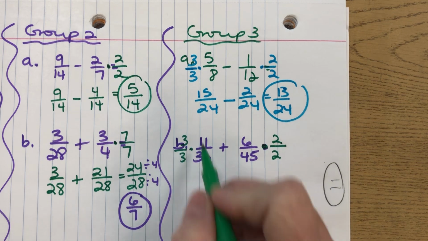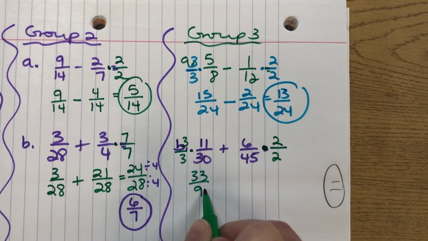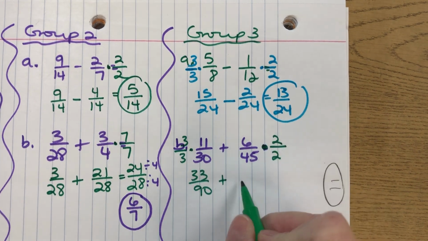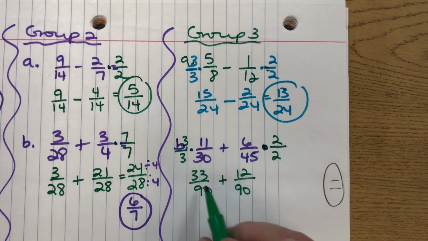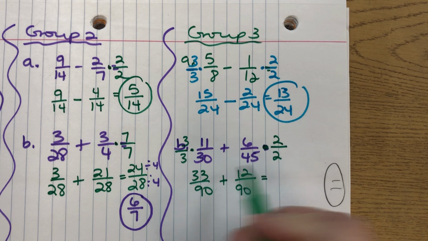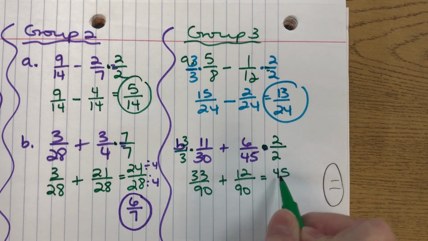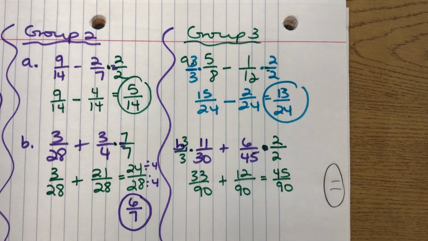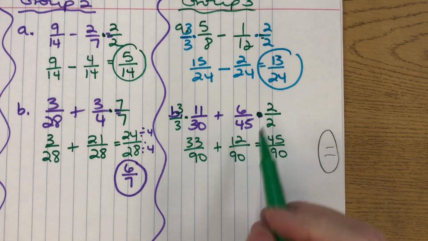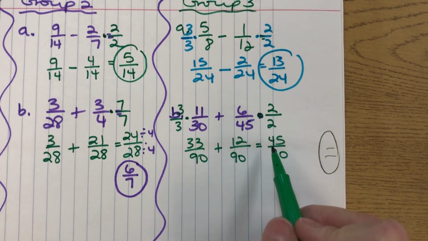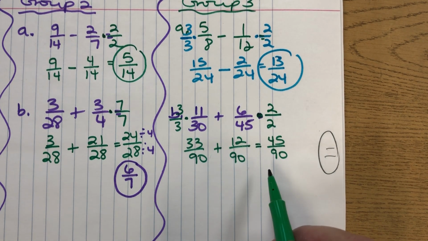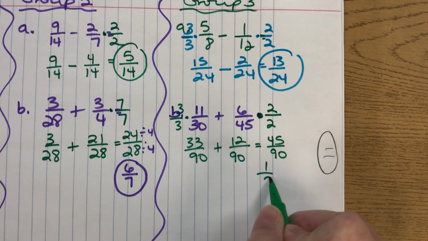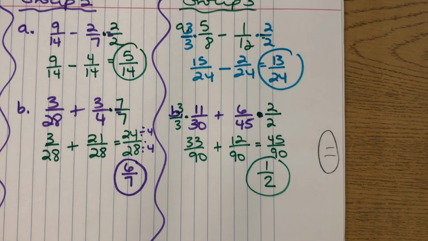So my new fractions are 33/90 plus 12/90. And when you do 33 plus 12, you get 45/90. Now when I see 45/90, I would not type in 45/90 for an answer, I would type in 1/2 for my final answer.